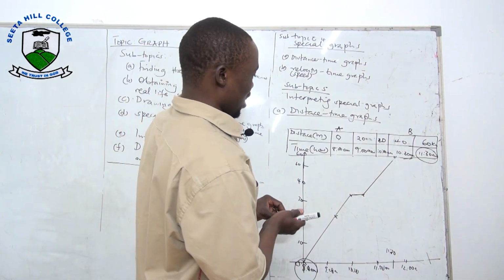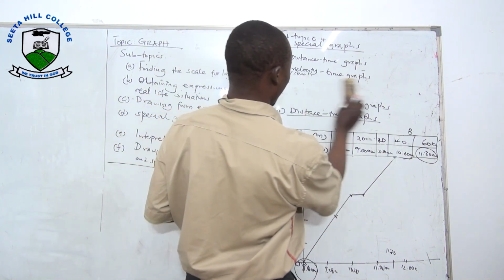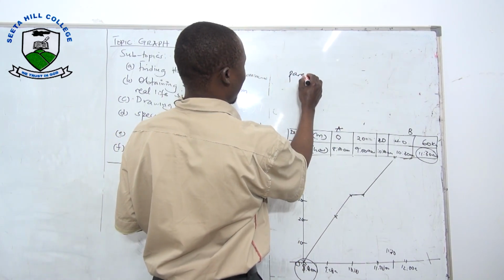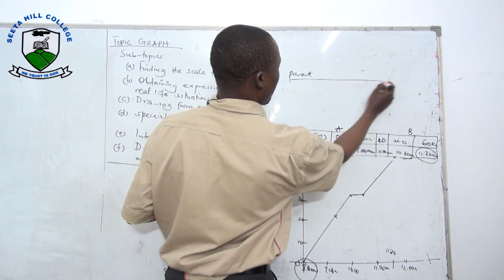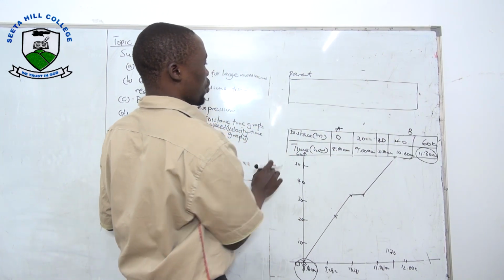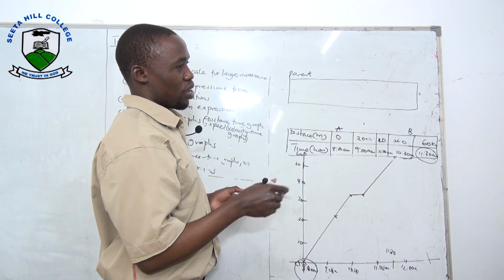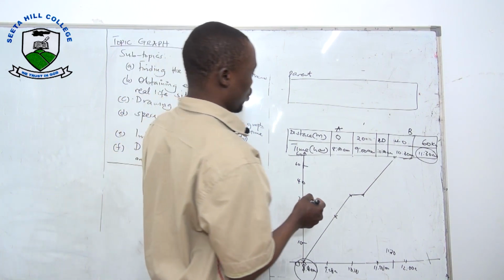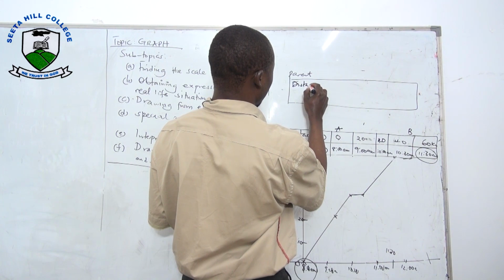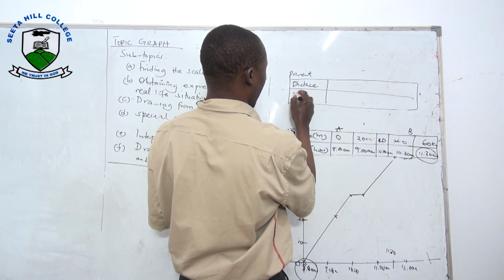Now, let's have the parent's information also. The parent moves equal distances for every 1 hour. This is the distance, this is the time.